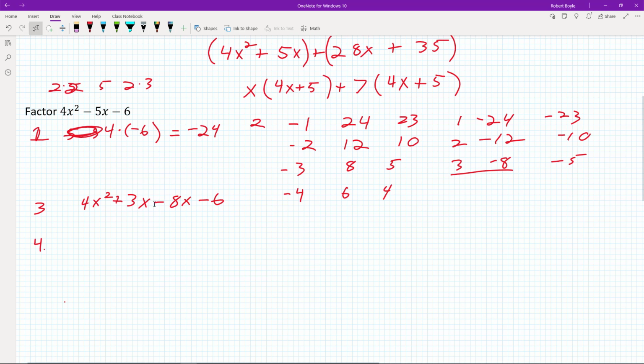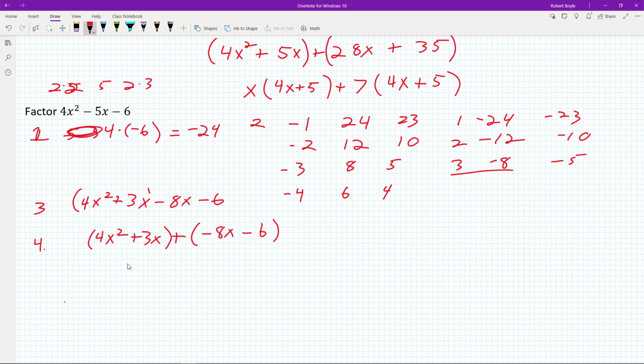In this one, we can group the 4x squared and the 3x. And then I can group the negative 8x and the minus 6.